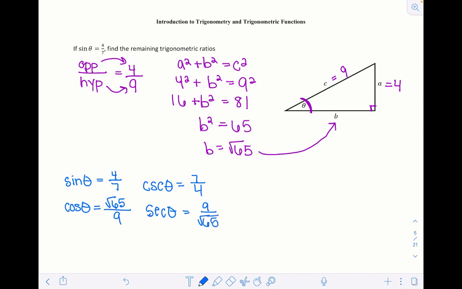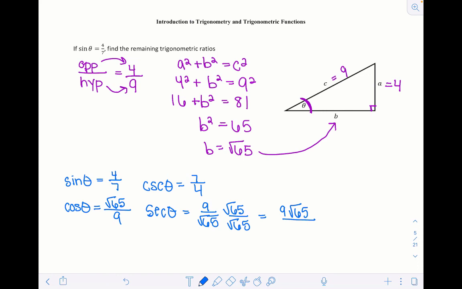So this happens that we do end up with a square root in the denominator, so we may want to rationalize the denominator. To do that, you can just multiply the top and the bottom by square root of 65. So you get 9 square root of 65 over, and then square root of 65 times square root of 65 is actually square root of 65 squared.